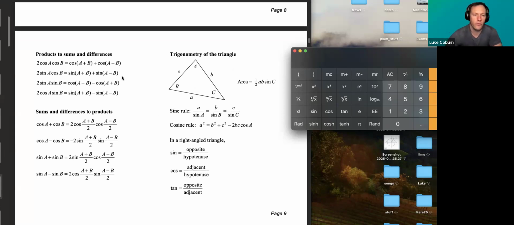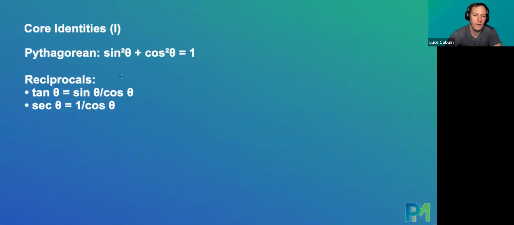And the point about it, which they don't really emphasize enough in my opinion, is that, let's say, for example, you have that sine of A is equal to 0.3. And you've got sine of B is equal to 0.7 or something. Okay, let me make it 0.6.